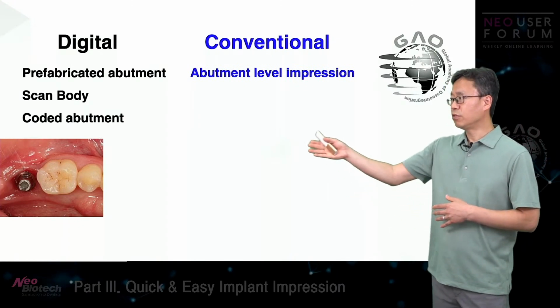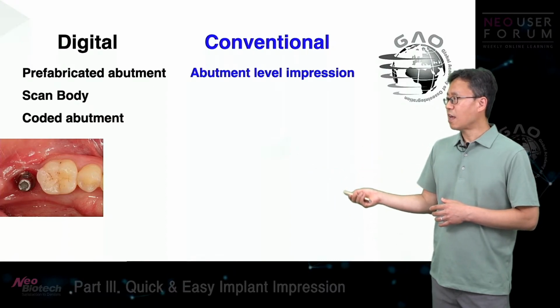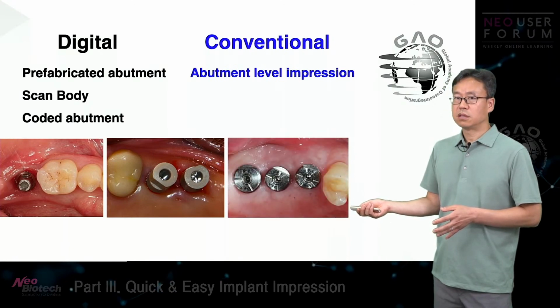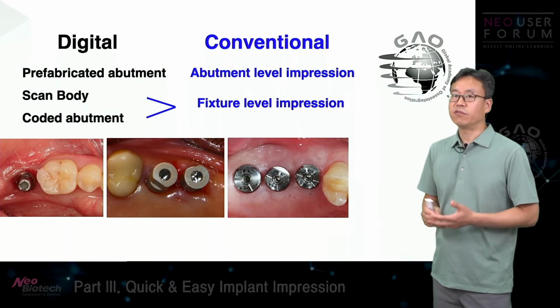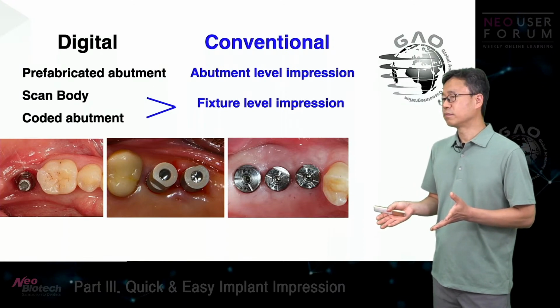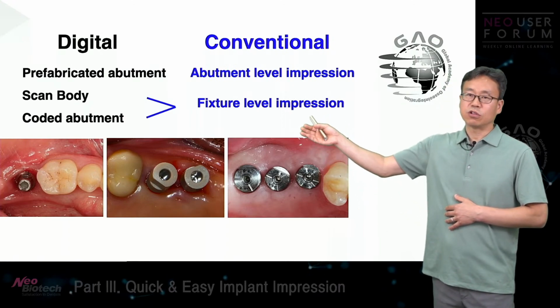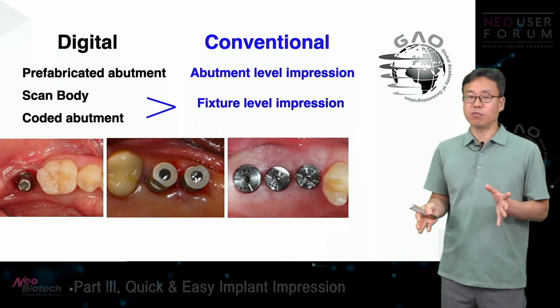I know some people do that. But you can also use scan body or coded abutments, which will be the same as the fixture level impression. The only difference is, with digital you use intraoral scanner, and with conventional you use rubber impression material.